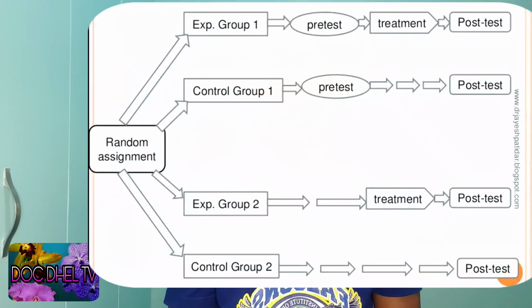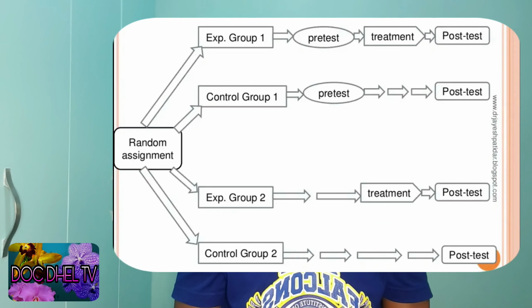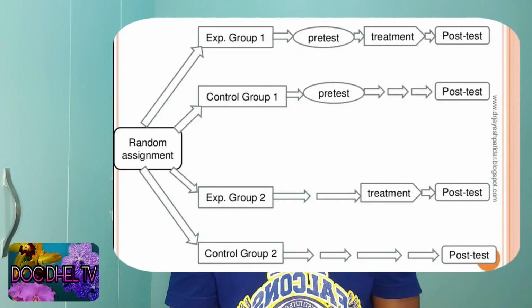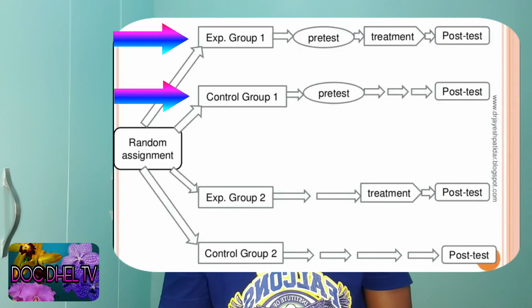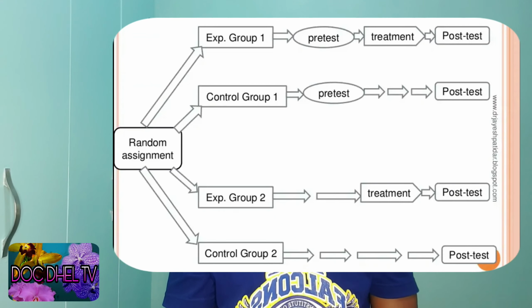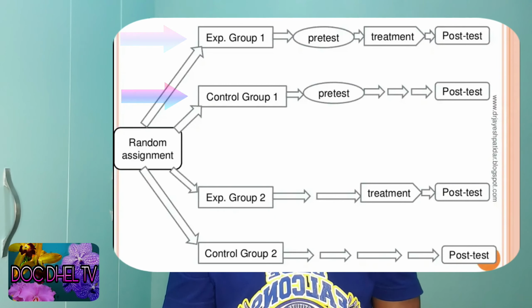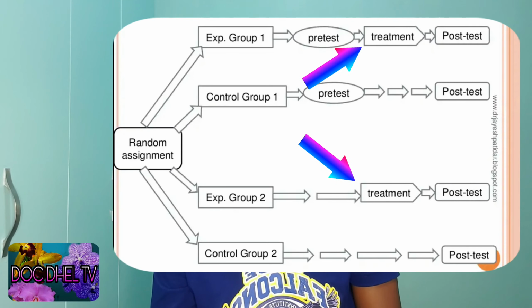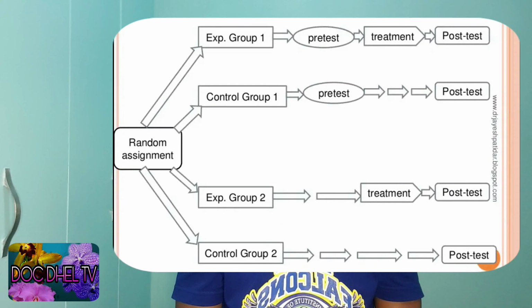On the diagram, you could see that out of the 4 groups, only experimental group 1 and control group 1 receive the pretest, followed by the treatment to experimental group 1 and experimental group 2.